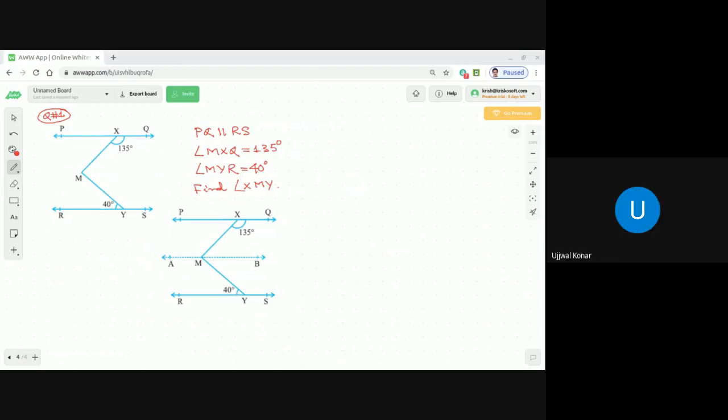As you see in the second diagram, we draw a line AB which is parallel to the line PQ through the point M. Now AB is parallel to PQ, and PQ is parallel to RS.